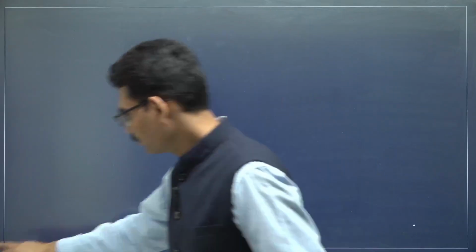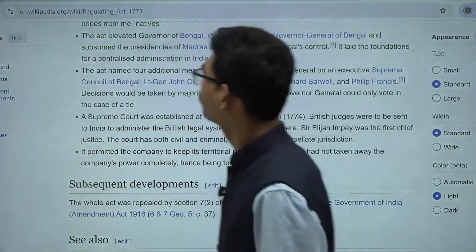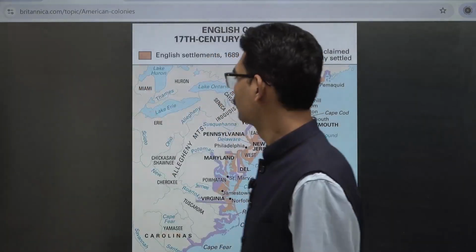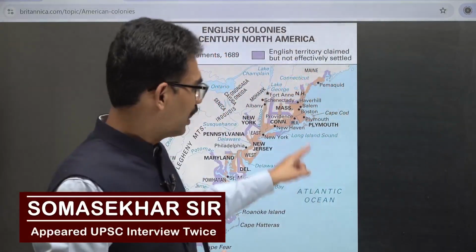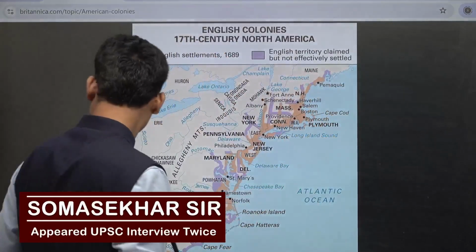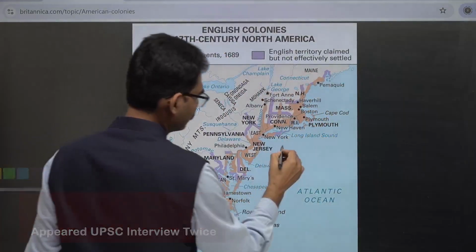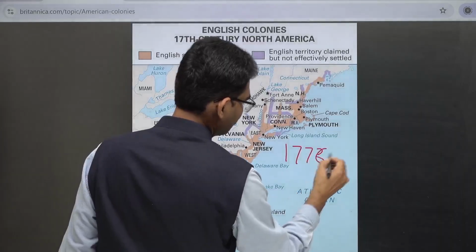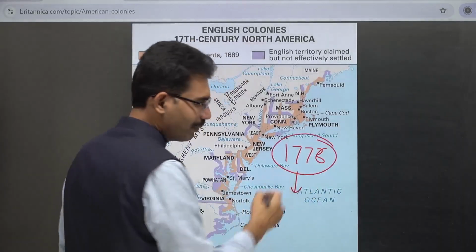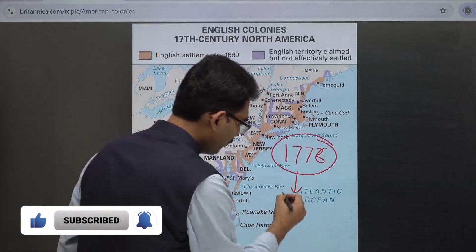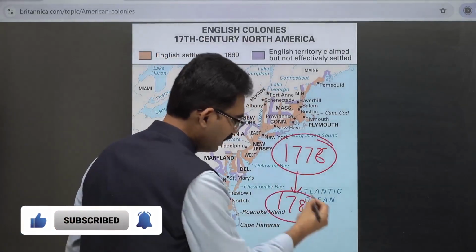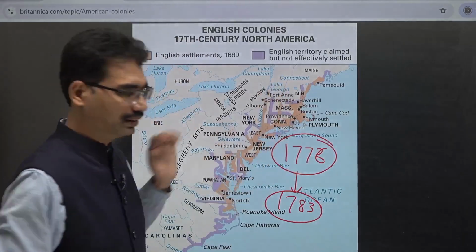Meanwhile, in the 1770s, the American colonists declared independence. In the American War of Independence, they declared independence in 1776, took up weapons and fought continuously with the British. By 1783, they completely became independent.